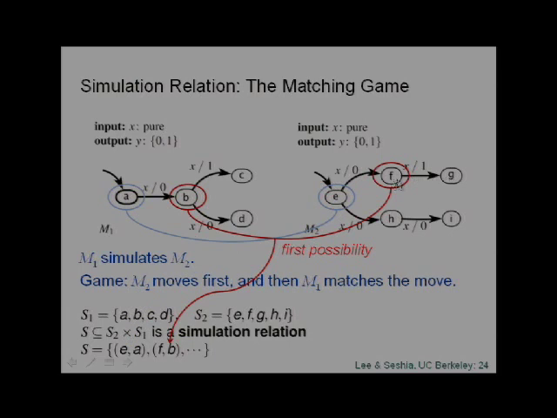If you look at the second possibility, here as well, every transition out of H, which is only this one from H to I, can be matched by a transition out of B, which is from B to D. So again, the state B of M1 can simulate the state H of M2.